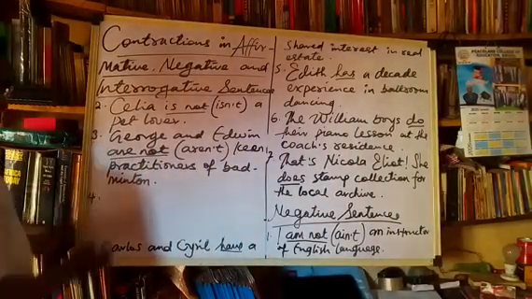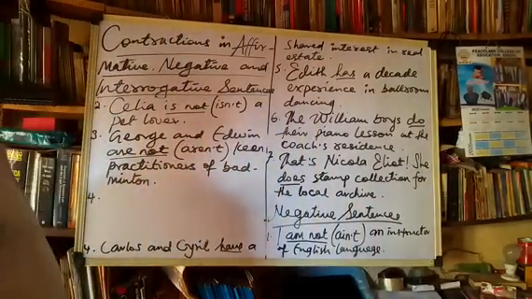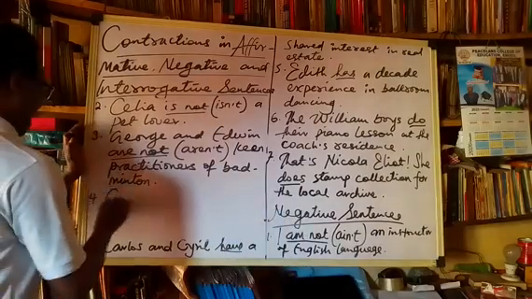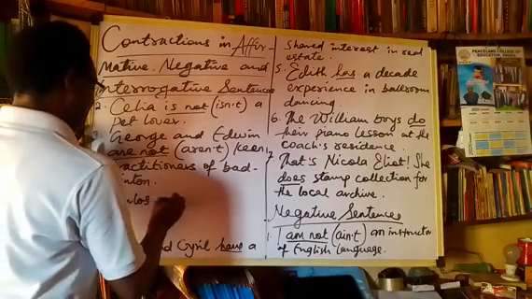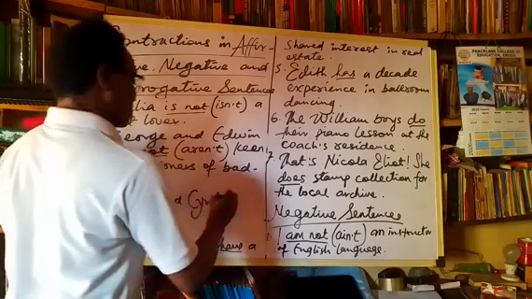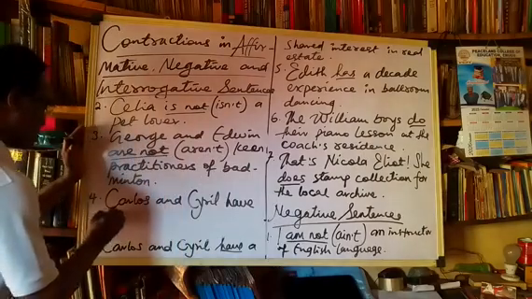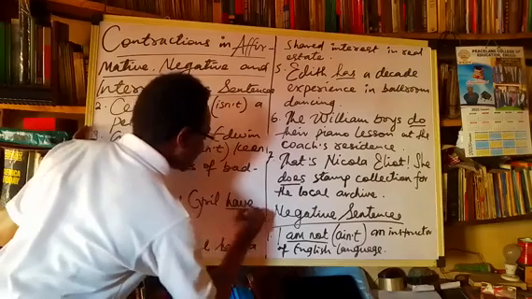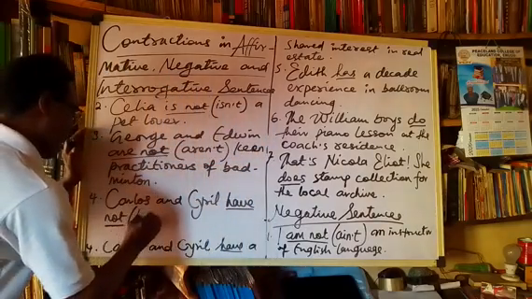Four, Carlos and Cyril have shared interest in real estate. We now say Carlos and Cyril have not, we add not to have, or we use the contraction haven't.